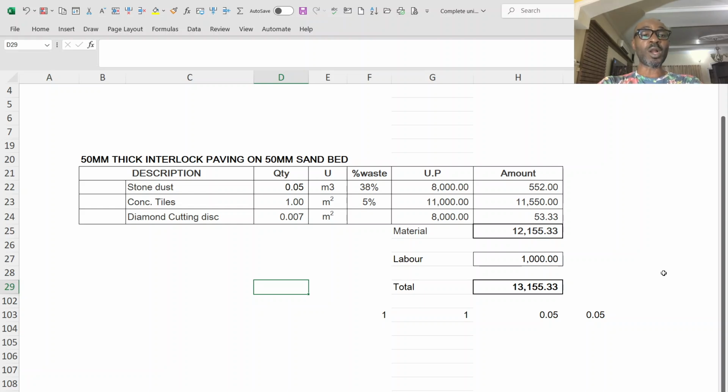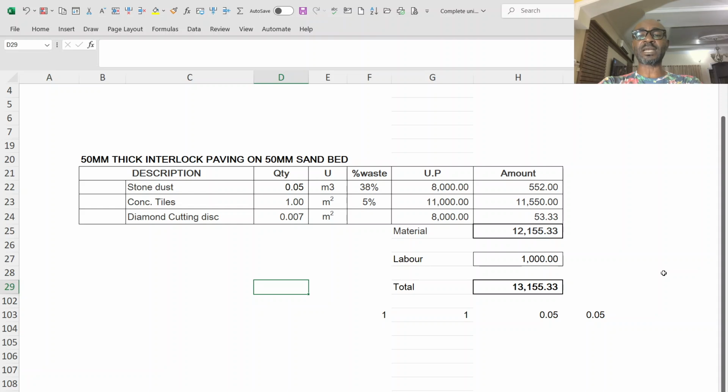Welcome to another episode where we shall be analyzing the unit cost per square meter for a 50 mm thick interlocking paving on a 50 millimeter thick sand bed.